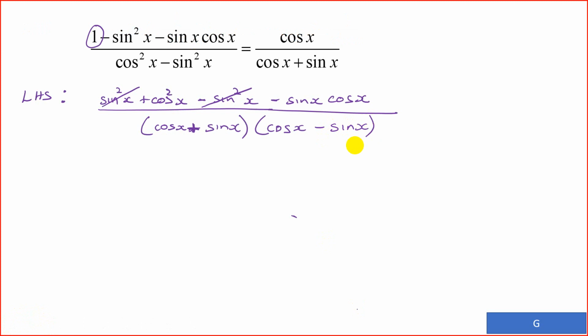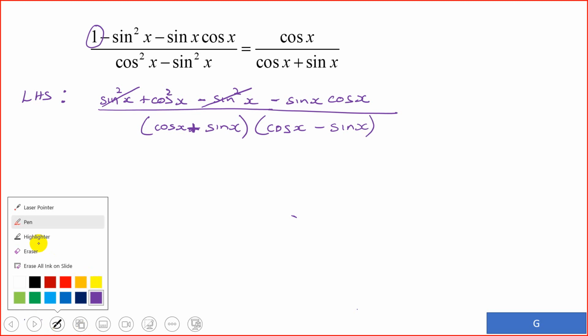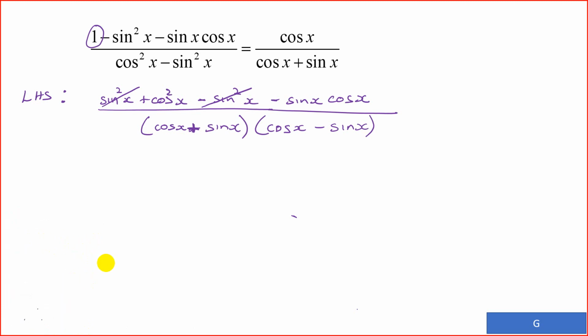And if we look at the top, you'll notice that we have cos squared x, and we've got a minus sine x cos x. So what we can do on the top right now is pull out a common factor. On the top we have cos x as a common factor, which I'm going to pull out.